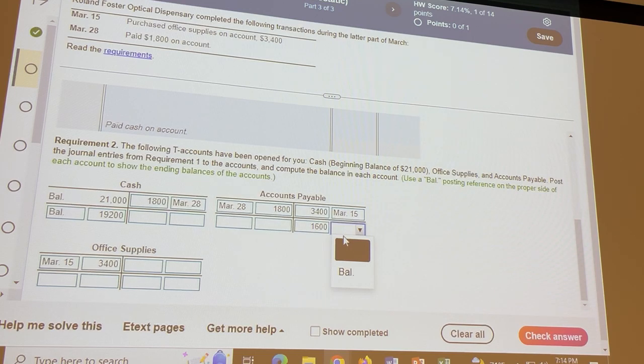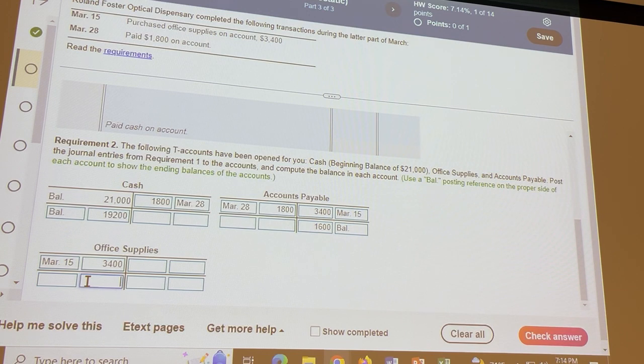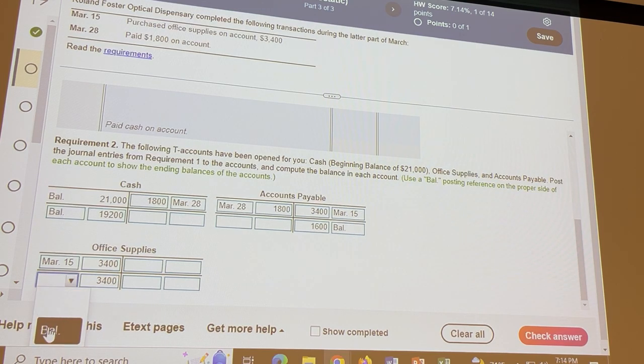And then we put the label next to it that says balance. And then office supplies, that's pretty simple. There's only one entry there, so the balance would be the same thing. We would put a balance debit of 3,400 and put the label balance next to it there.